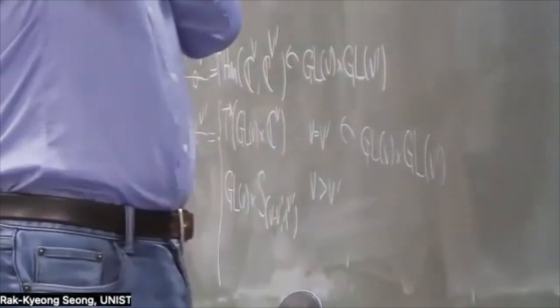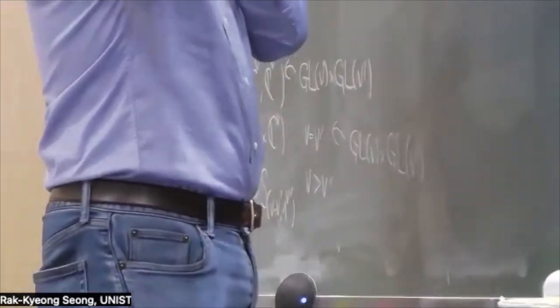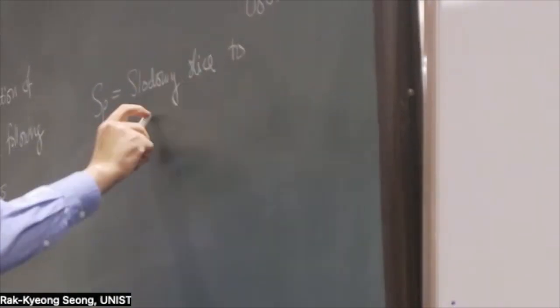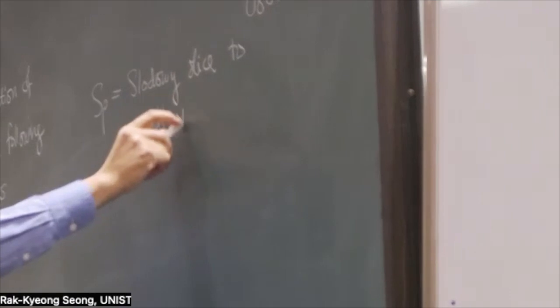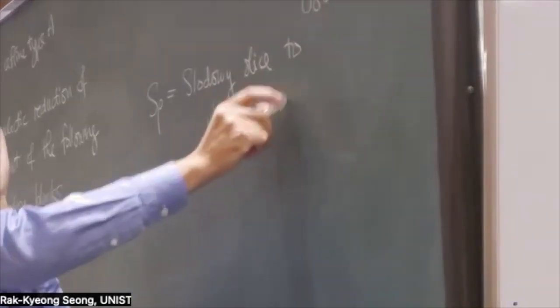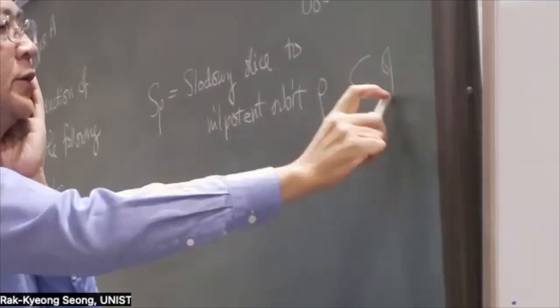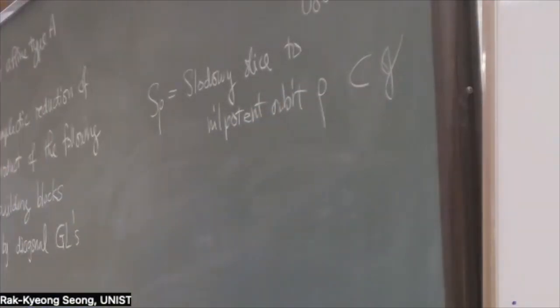Here S of rho is the Lewis rise to a nilpotent orbit. I consider this in the Lie algebra, so this is some vector space.